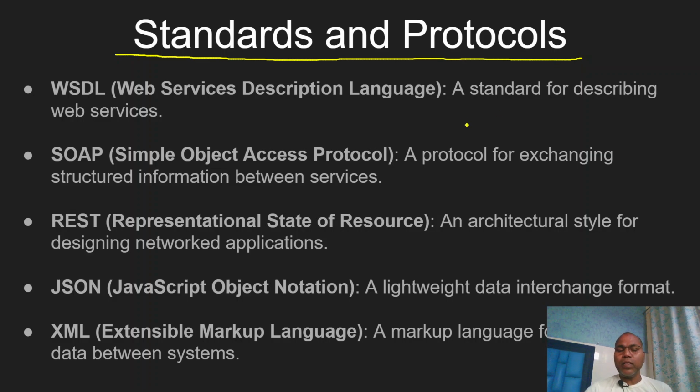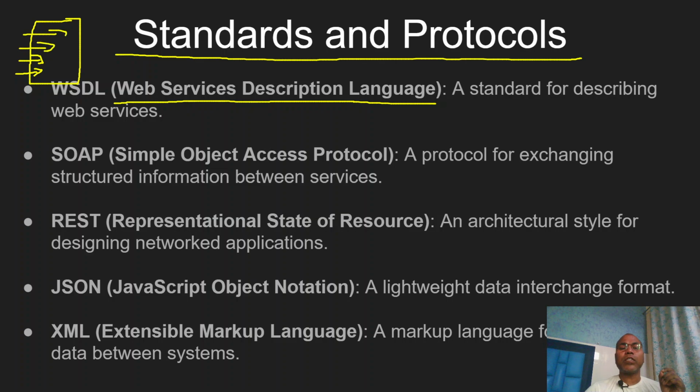In standard SOAP based services, first we have to define the contract, the web service description language, WSDL. WSDL is a standard XML language where we define my service URL, my service port, my service request, my service response, the request detail, the response detail, and what kind of protocols.